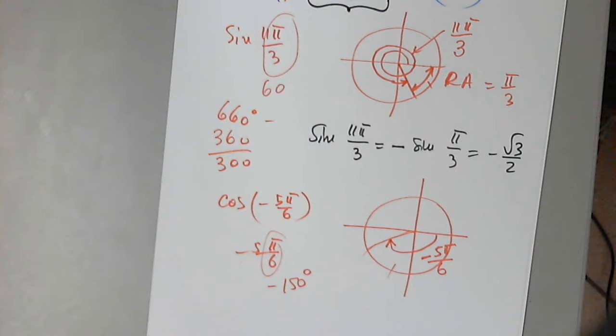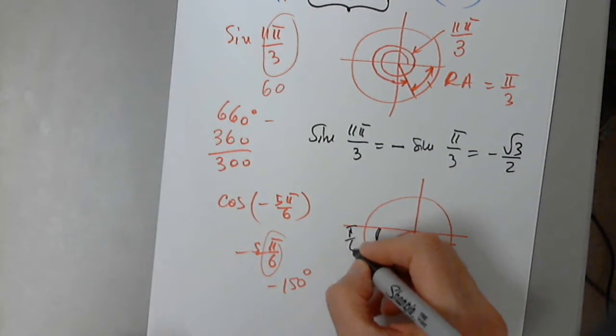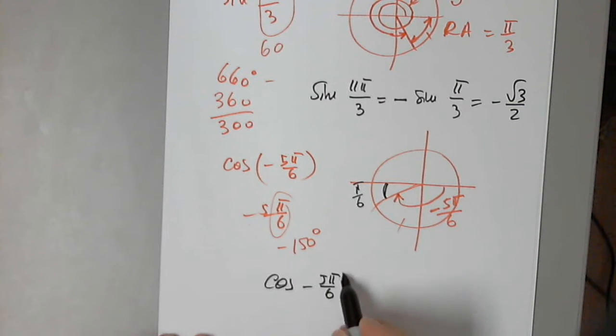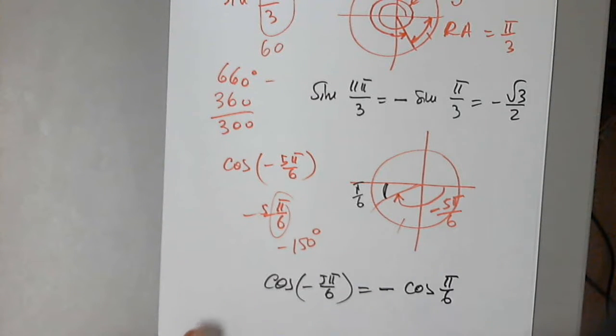What answer do we expect for cosine in the third quadrant? Well, we know in the third quadrant they are both negative. So we expect a negative answer. What is the reference angle? Very good, awesome. So we will write that cosine of negative 5 pi over 6 must be the opposite of cosine pi over 6.